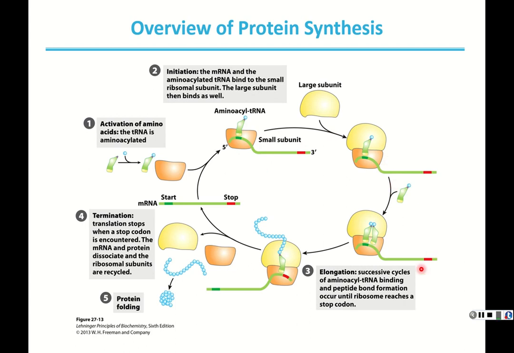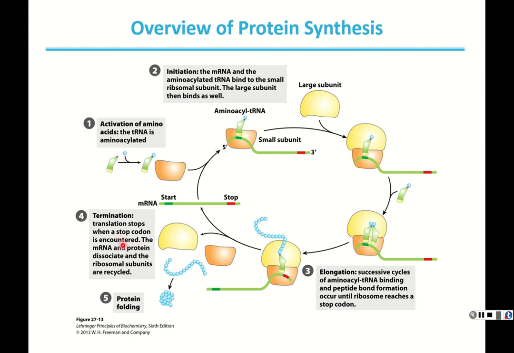Elongation happens in successive cycles where a charged tRNA binds, and a peptide bond forms between the first amino acid, which would be methionine, and the next amino acid on the adjacent tRNA. These are coming in, binding, and the ribosome is catalyzing the formation of peptide bonds between those amino acids.